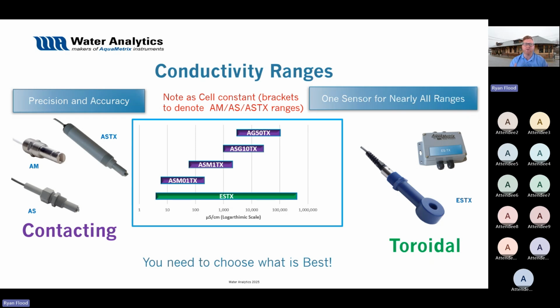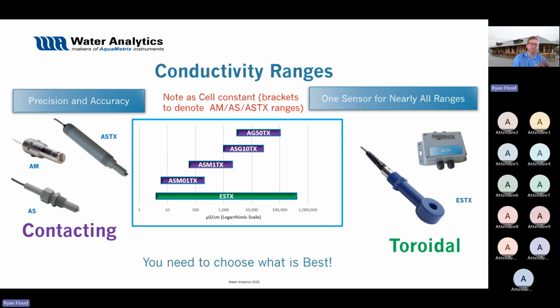That's why it's really important to know what you're trying to do. And it does play into your TDS as well, because understanding whether you are measuring in conductivity or in TDS helps you understand where your ranges are, because you need to apply that decay factor. So picking the right cell constant is really going to help you determine where your range of measurement is and make sure you're set up for success right out of the box.